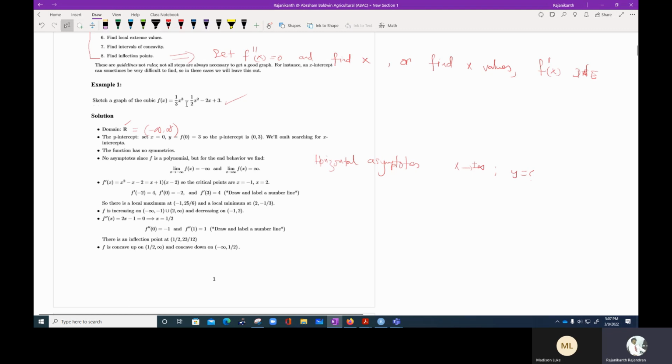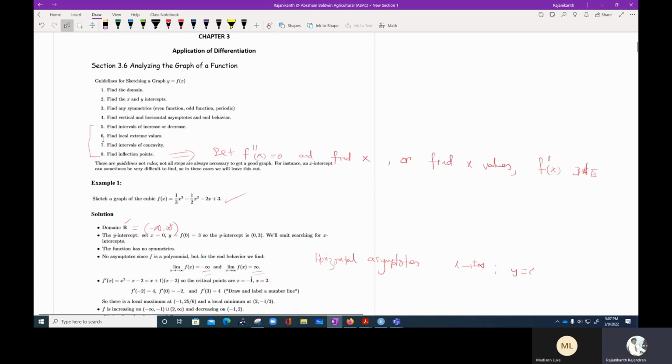When x goes to infinity, the polynomial function also goes to infinity. So you will not find any finite value for y when x goes to infinity. That's why there are no horizontal asymptotes for this function f(x). You have to have a finite value if there is a horizontal asymptote.